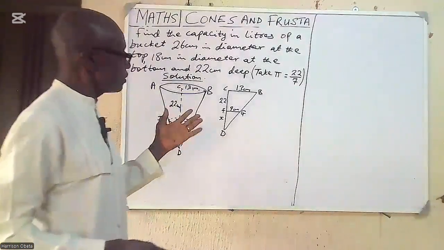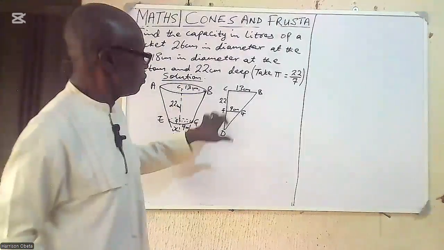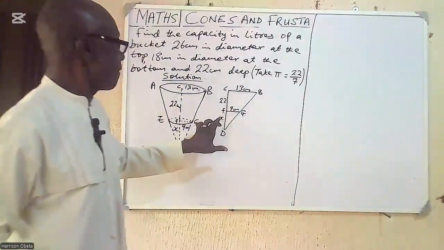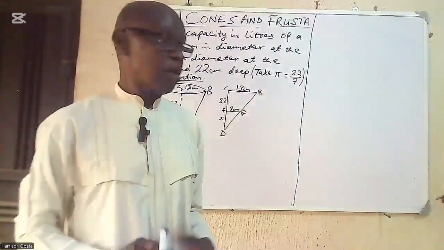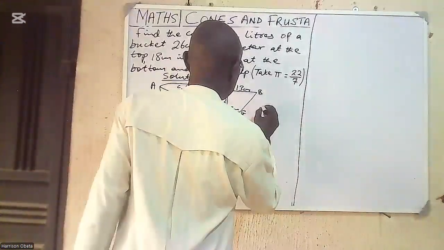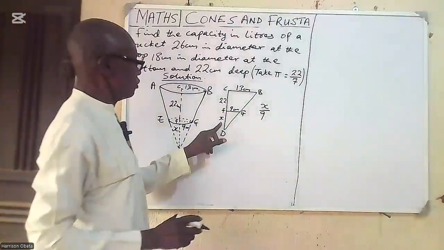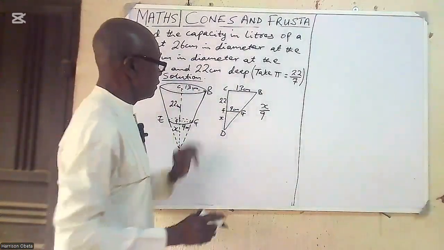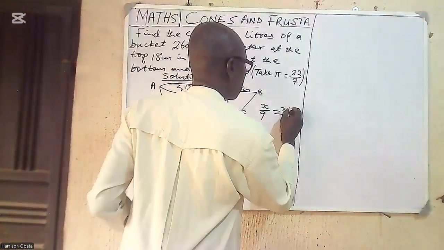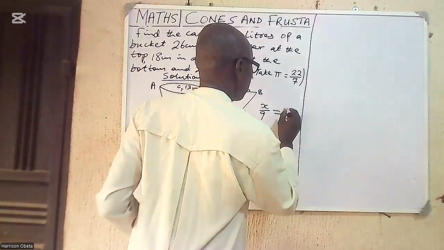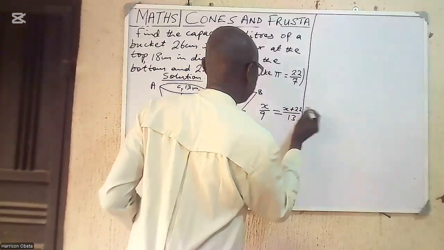The idea of similar triangles is smaller side over smaller side equals bigger side over bigger side. If you mix it up, you miss it. So let's start. That means x over 9, that is this side over this side, equals x plus 22 all over 13.